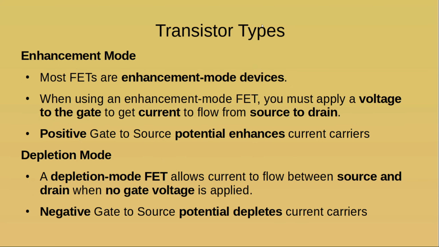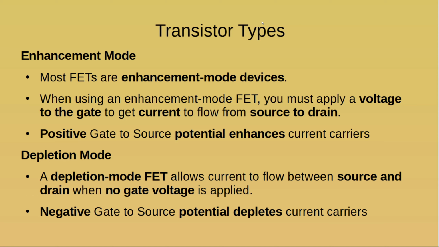Okay, enhancement mode and depletion mode. Most of the FETs tend to be enhancement mode devices, which means you have to apply a voltage to the gate to get current to flow.